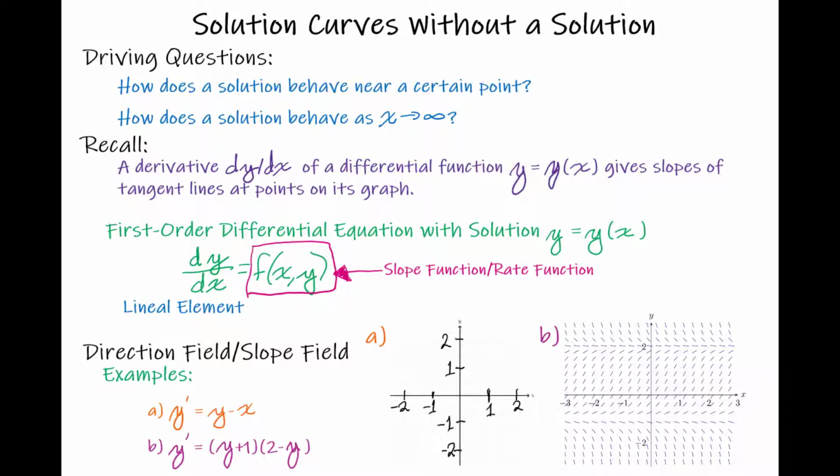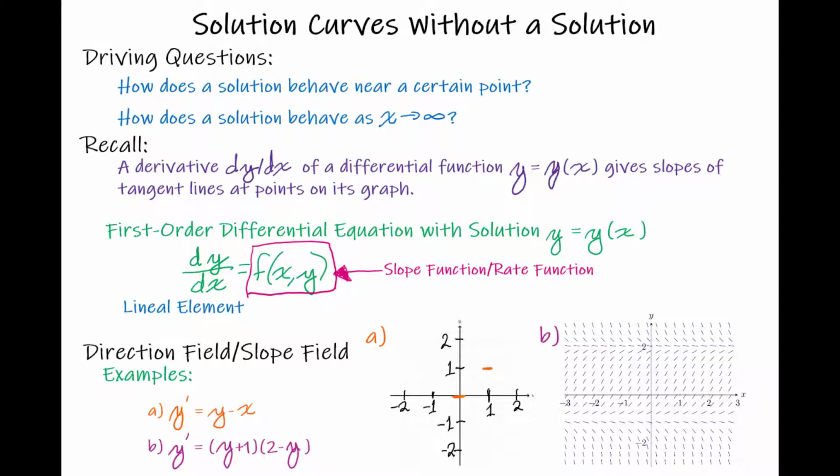So I know the slope there is 0. So I make a little line segment with slope 0 at the point (0, 0). Now, if I plug in 1 for x and 1 for y, then I'll get 1 minus 1. So at the point (1, 1), the slope is also 0.